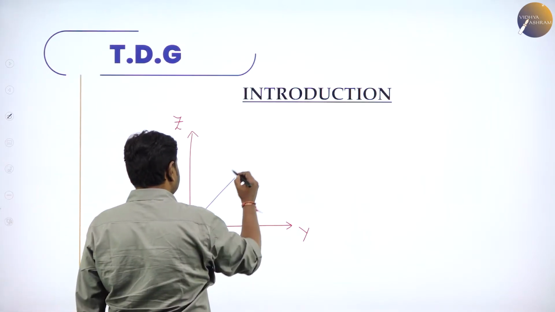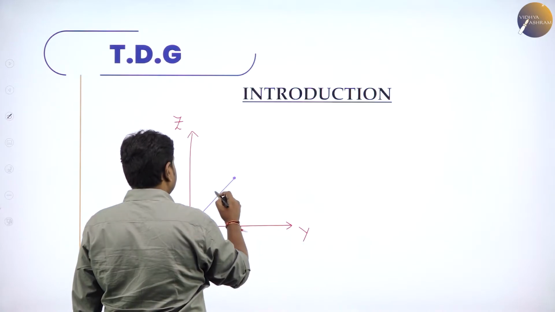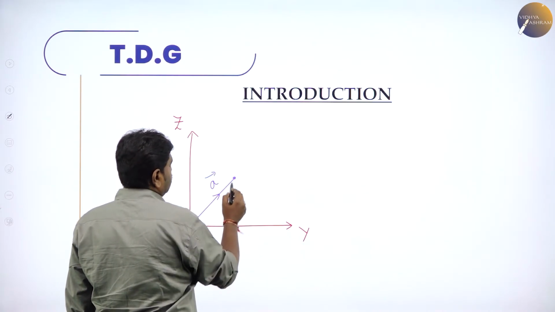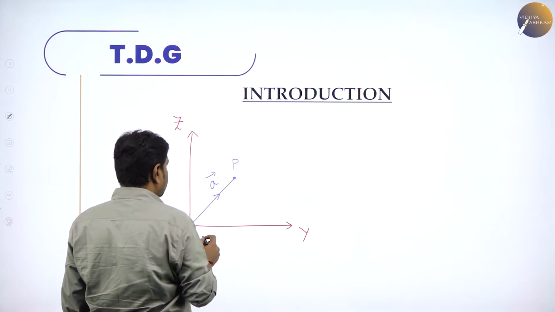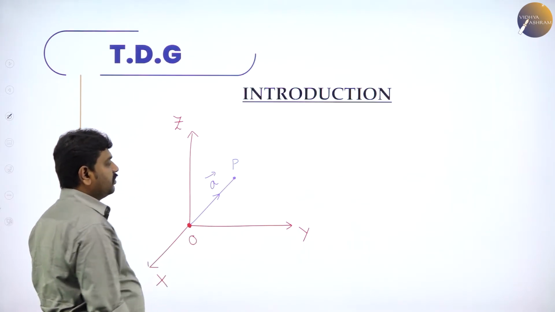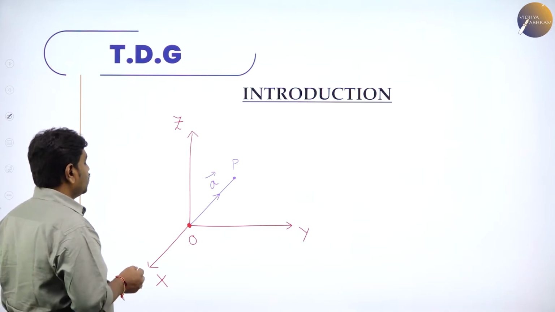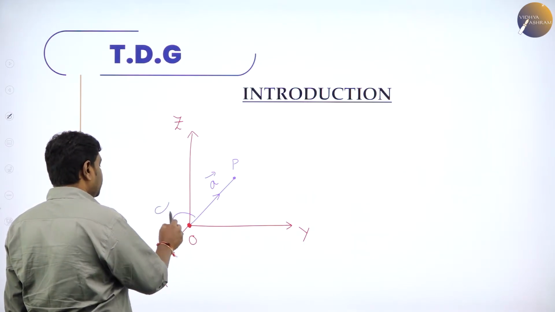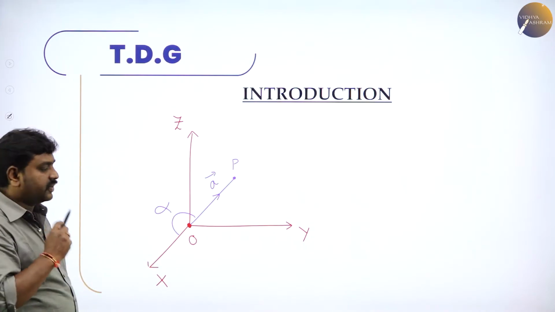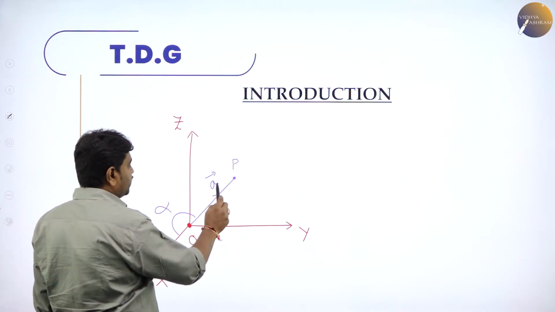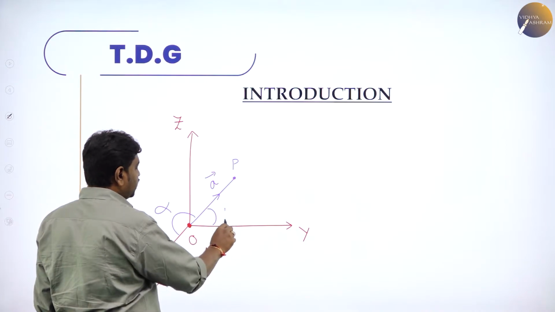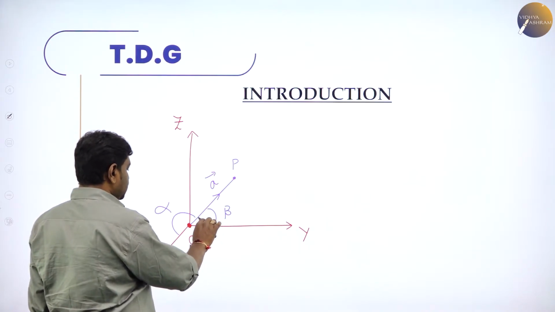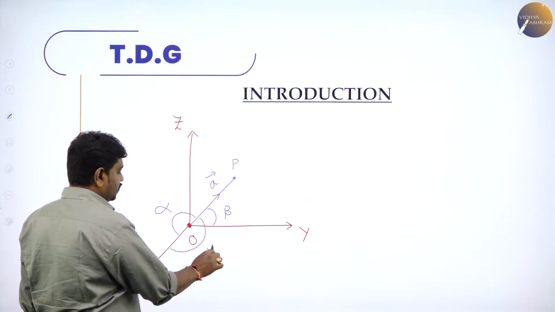Say this is the vector, so we name this vector as vector A. So this is point P, and say the vector A makes an angle alpha with x-axis. Angle made by the vector with x-axis is alpha, and angle made by the vector with y-axis is beta. Angle made by the vector with z-axis here is gamma.